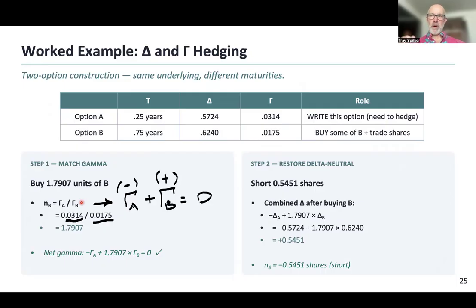So we need more than one unit. In this case, we'll need to buy 1.79 units of option B. Okay. And that'll give us our net gamma equal to zero here.